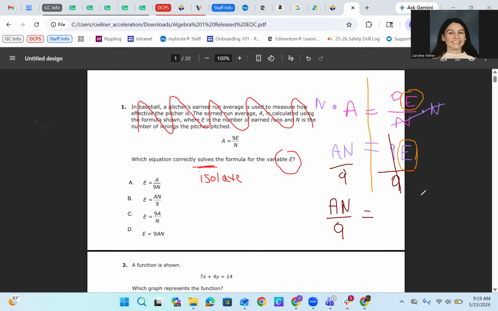Dropping down what I didn't touch on the right, and that is simply just the e. Our goal was to isolate e. Well, is E completely alone now? Yes, it is. We can now look through our multiple choice answers to find the correct response. I have AN over 9. You will find that in option B.